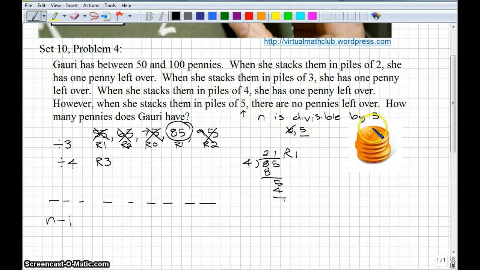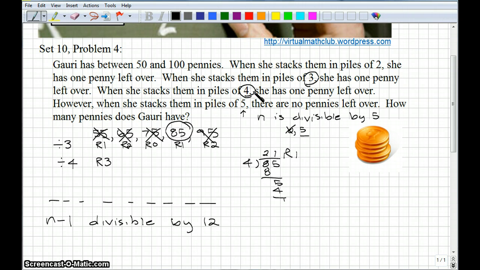We said n is divisible by 5, but n minus 1 has to be divisible by 12. And that's because when we take the pennies and we divide them into stacks of 3, we have one left over. And when we divide them into stacks of 4, we have 1 left over.